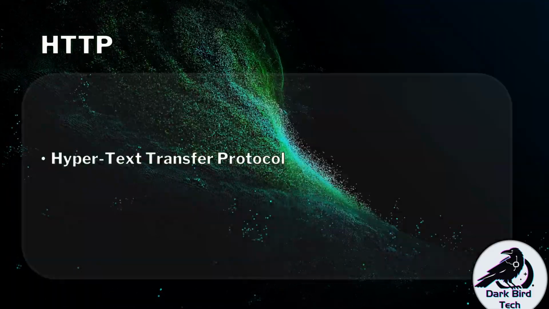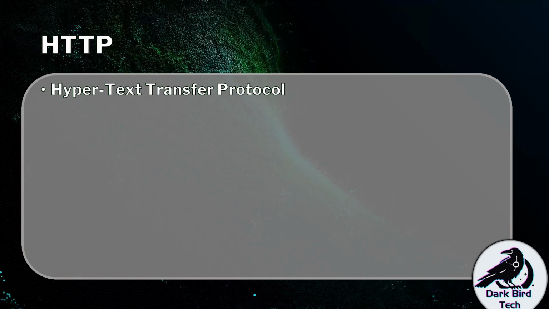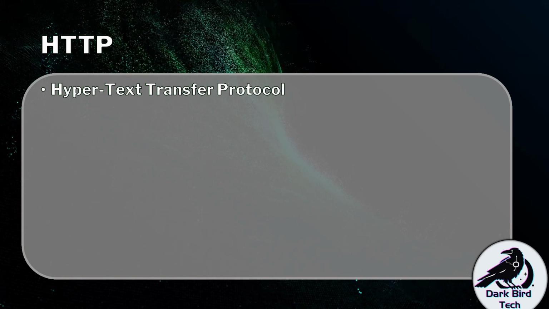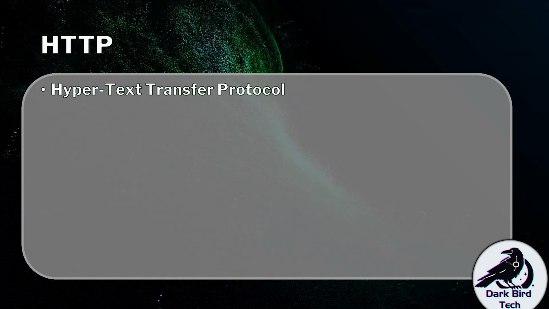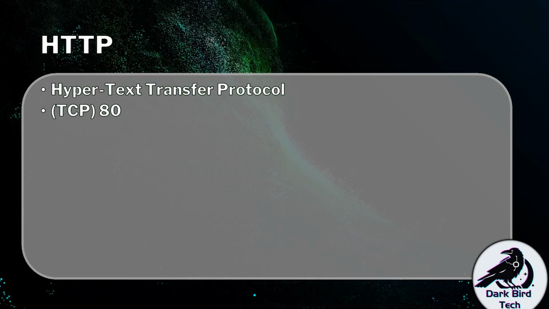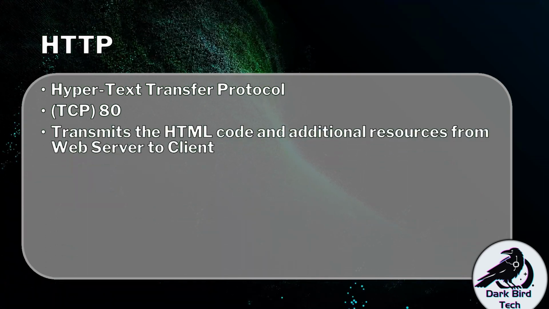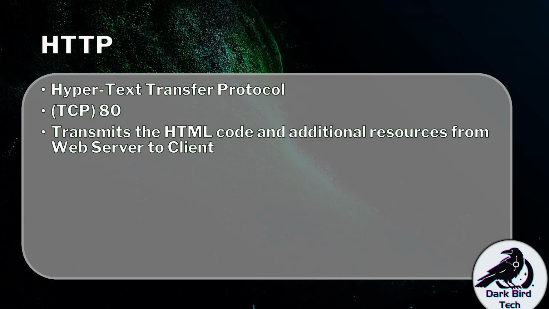HTTP, or the Hypertext Transfer Protocol. Probably one of the most well-known protocol services and applications that exist on networking nowadays due to the way the internet is currently used. Now, HTTP runs through TCP on port 80. And its job is to transmit the HTML source code and any additional resources from the web server to the client.